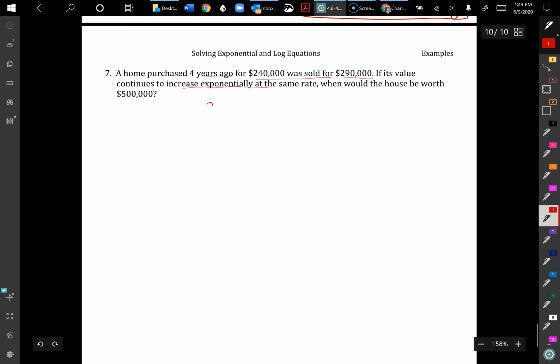Or you could set it up this way, just do 240,000 x equals 290,000, and divide both sides by 240,000, solve for x, which would be my percentage, 1.2083. So that's including my 100%, not just the part of increase.